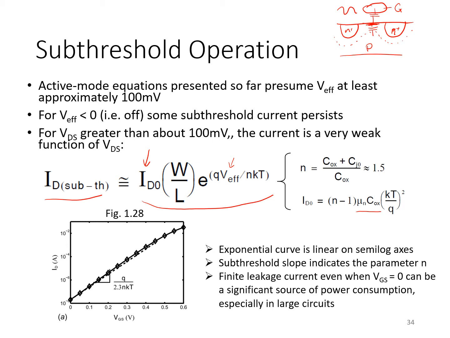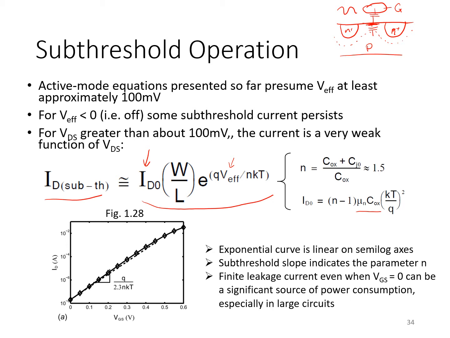And another important point to keep in mind is that subthreshold current, although obviously much smaller than the values of currents that we see in triode or active mode for a given transistor, can be a significant source of power consumption, especially in circuits with large transistors, many of which are supposed to be turned off, but the cumulative effect of all their subthreshold leakage can be a really significant source of power.